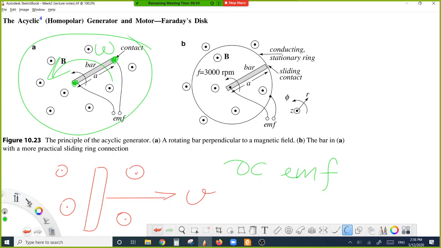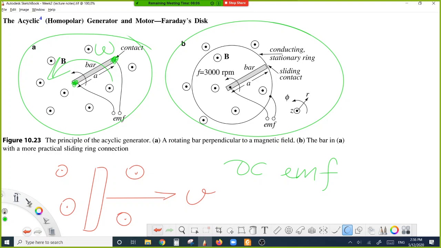The connection to the ends of our bar may sometimes not be so easy, and instead of connecting to the moving bar, we can use the structure shown in this figure.